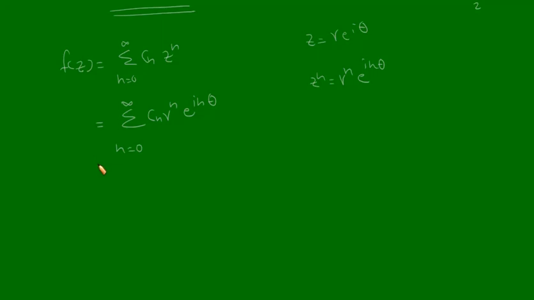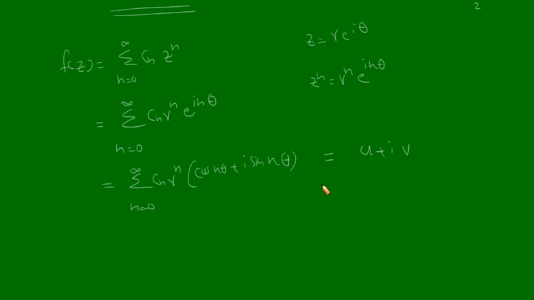Now if you expand e raised to i n theta here, this will be equal to summation n is equal to 0 to infinity Cn r raised to n into cos n theta plus i sin n theta. Okay, then this can be written as u plus iv, f of z.